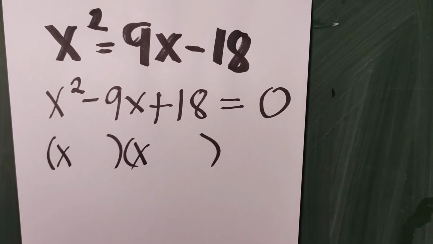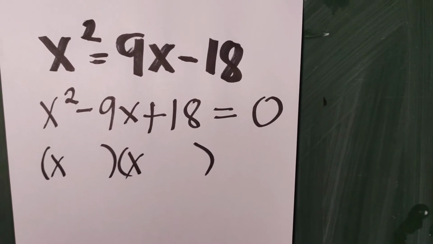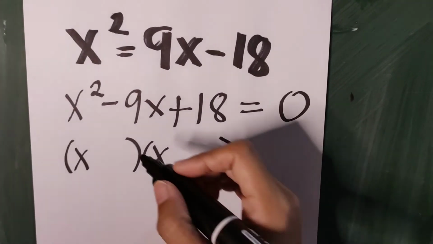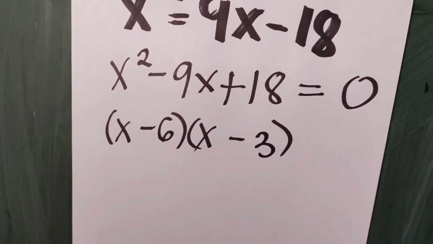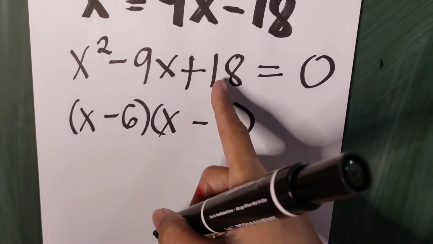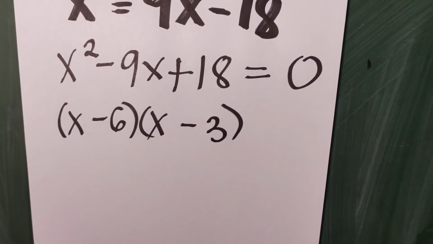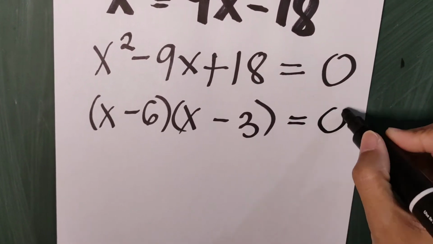There are different factors of 18 like 9 and 2, 18 and 1, but I will use negative 6 and negative 3, since negative 6 times negative 3 will give us positive 18.